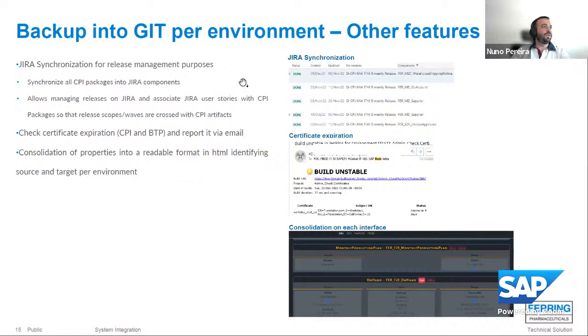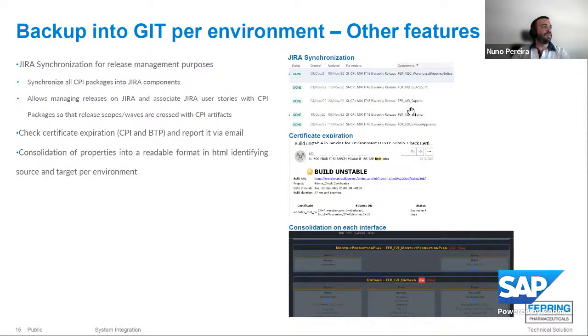Besides that, since this job is collecting all the package artifacts that are available, we are then synchronizing that into Jira in the form of components. So you see here the package name.